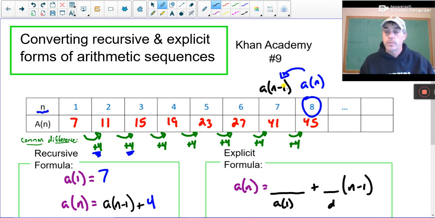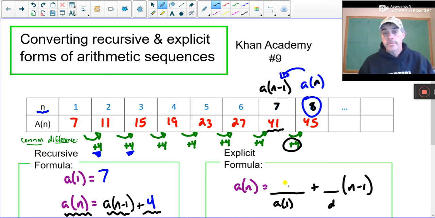This is the term before it. The nth term is 8, so n minus 1 would be 8 minus 1, or 7. So if you want a new term, you take the one before it and add 4. Take the one before it, 41, and then add 4. 41 plus 4 is 45. Okay, so that's what the recursive formula does for us.